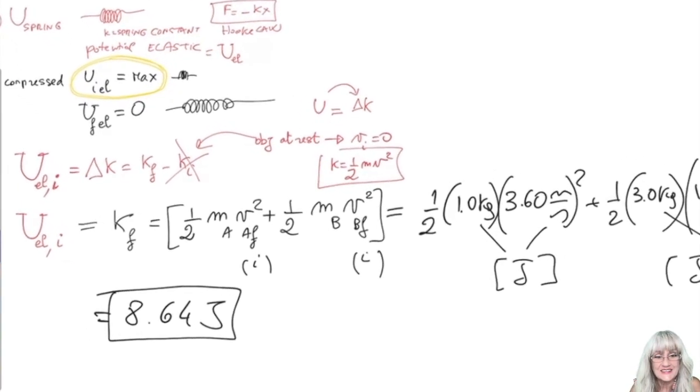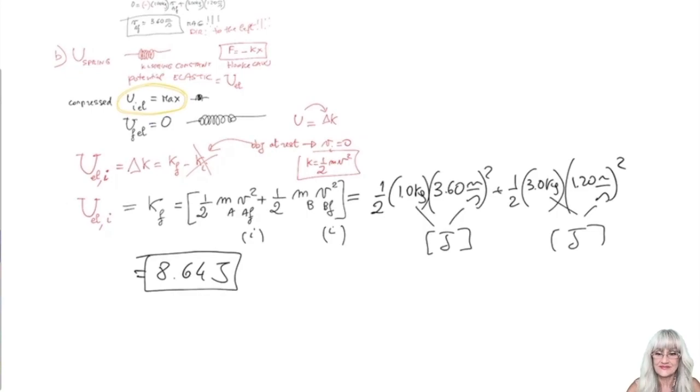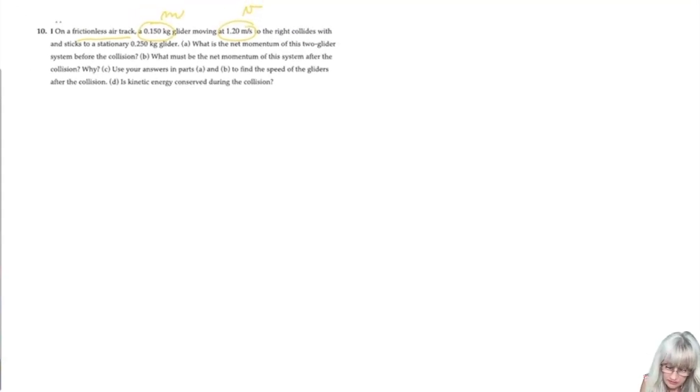All right. In this problem, we are on a frictionless air track. You have a glider of a mass given to you, which is moving to the right. So this is positive if we assume the positive x-axis pointing this way.